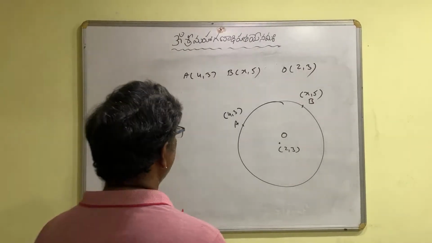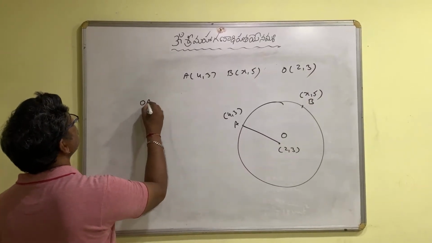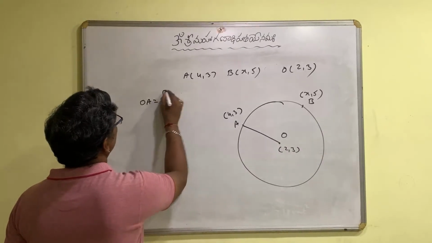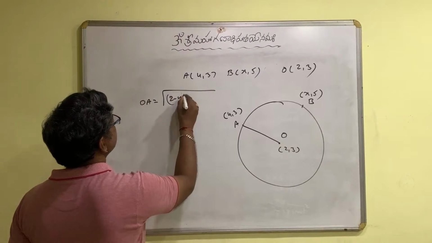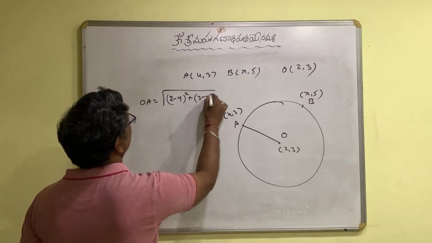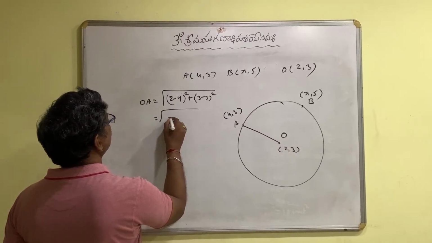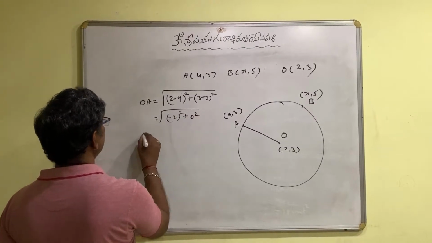So first calculate radius. First calculate OA. Root over (2 minus 4) whole square plus (3 minus 3) whole square, that is minus 2 whole square plus 0 square.